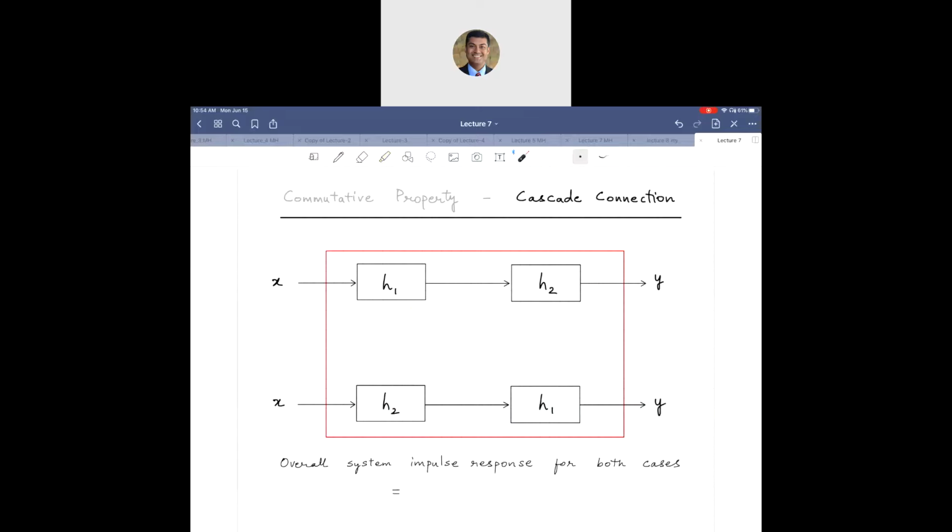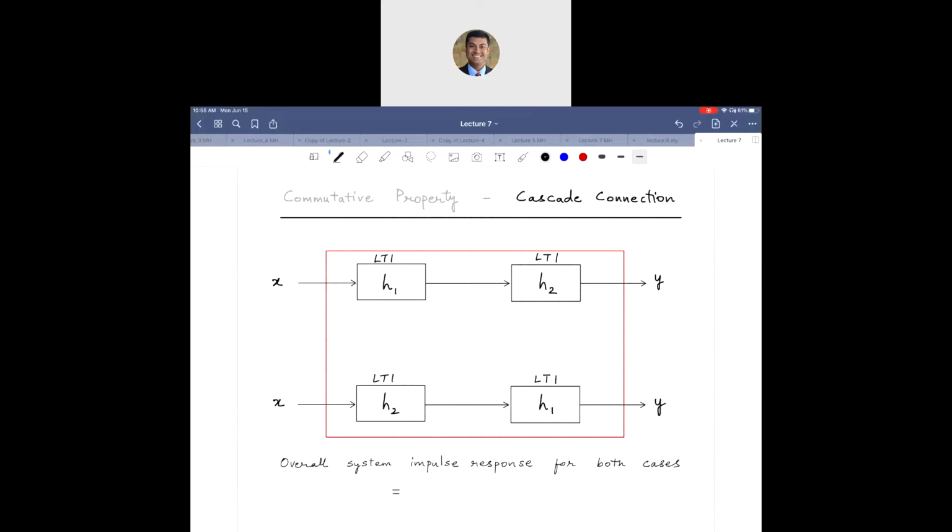Now an extension or the application of the commutative property. What happens when you connect systems in cascade? So we have two systems, and I should probably write explicitly that this is LTI, this is LTI. Each of them is individually linear and time invariant.